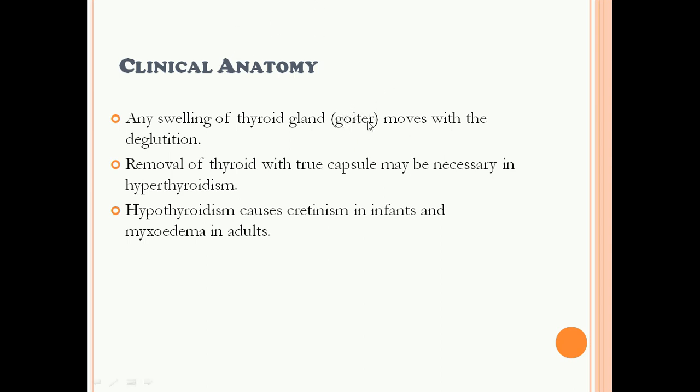Goiter is a swelling involving the thyroid gland, and it can be distinguished when we see the patient swallowing: the gland is seen moving upward and downward, whereby we can identify the gland is swollen beyond the usual size. The goiter needs to be removed before it goes into toxicosis.